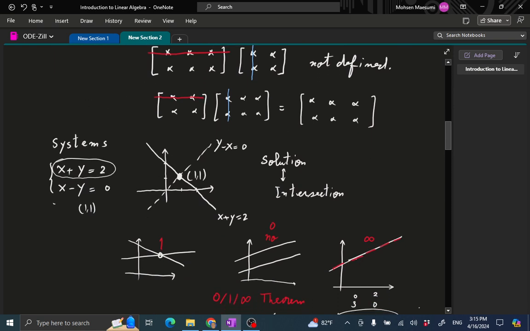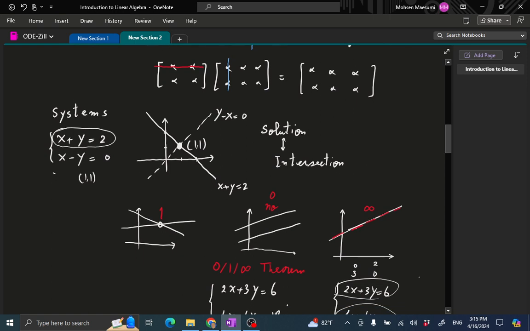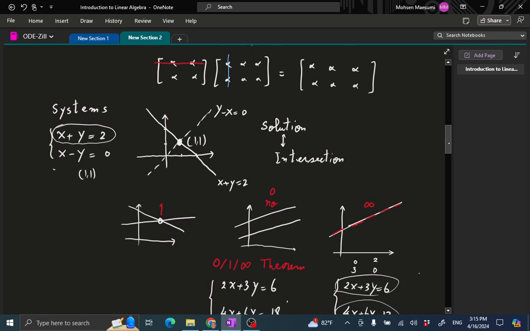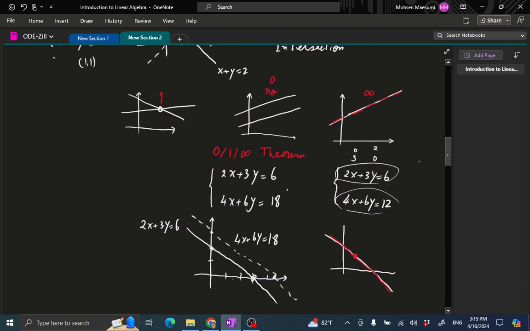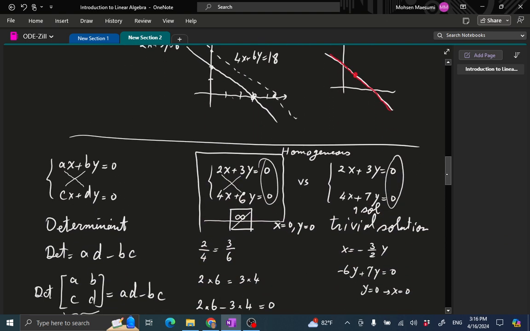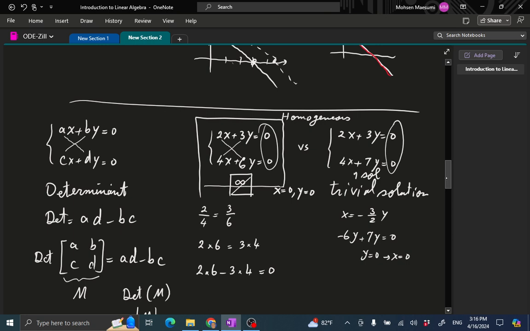Then we went back to systems of equations. We noticed that a system can have one solution, which is what you probably have seen oftentimes in high school. Sometimes it has no solutions, and sometimes it has infinitely many solutions. Of these, the case of infinitely many solutions is the one that is of most interest to us. Here we consider the homogeneous system. We said homogeneous always has a solution, which is all variables equal to 0.